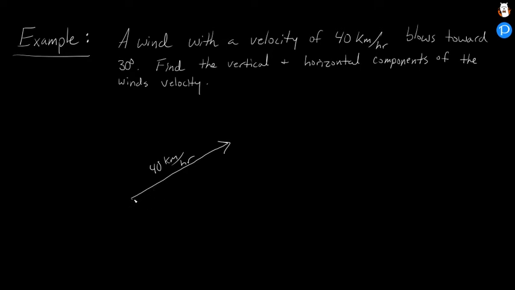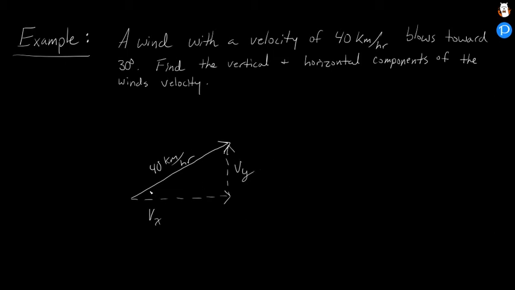And so again, I'm going to break that up into this wind blowing with a horizontal component and a vertical component. And notice I just automatically drew it from tip to tail this way. So I've got a velocity in the x direction and a velocity in the y direction here.